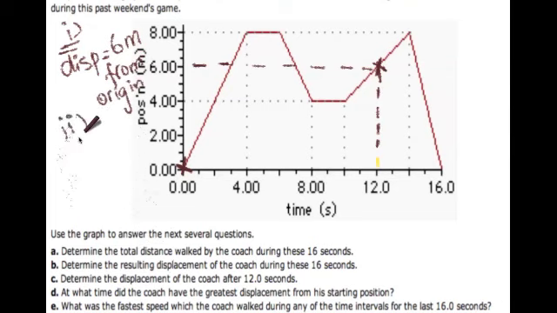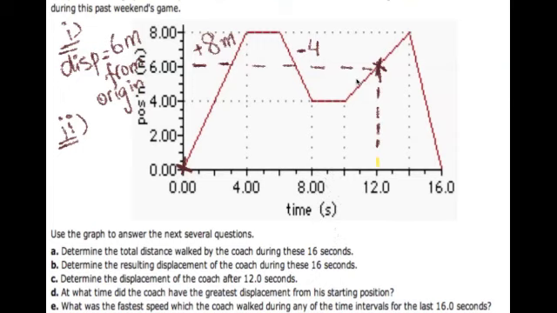However, if you want to do it numerically, let's do it numerically. Since it's going away, we have decided that away would be positive. So this is a displacement of plus 8 meters. This is a distance of 4 meters closer to the origin. So this is minus 4 meters. And this again is a displacement away from the origin.